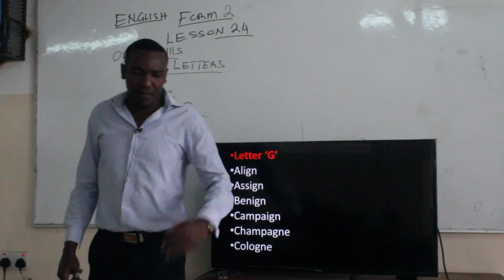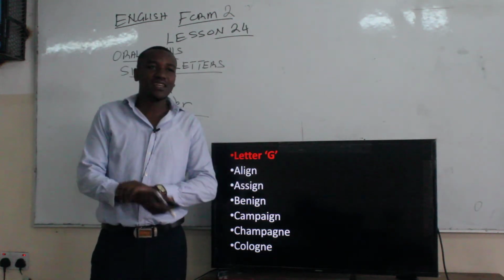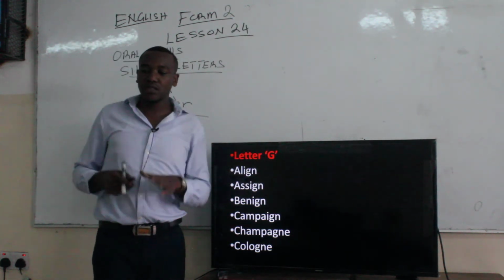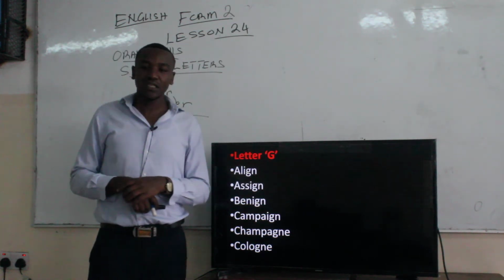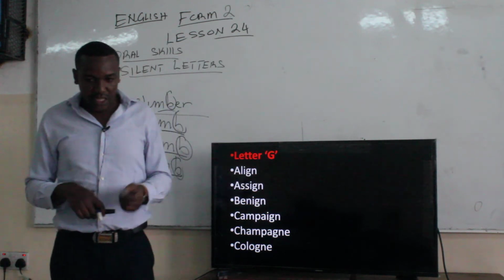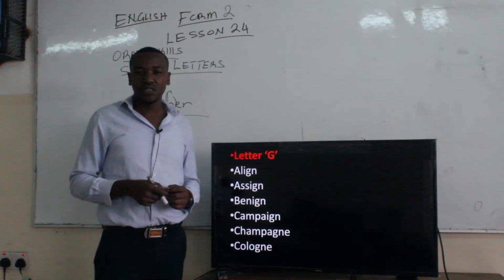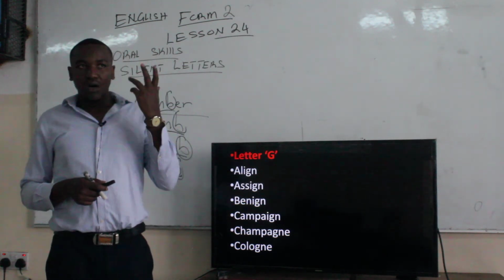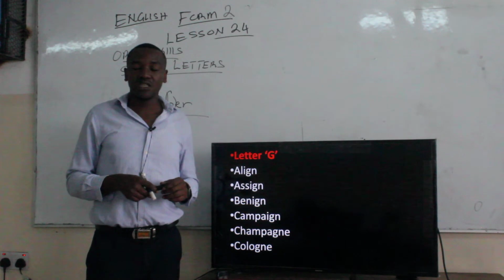Then you have letter G, and these words. Align, alignment. We talk about assign. I assign you this work. Or this is an assignment. So we might write it, and you find that the G is not pronounced when we hear it.